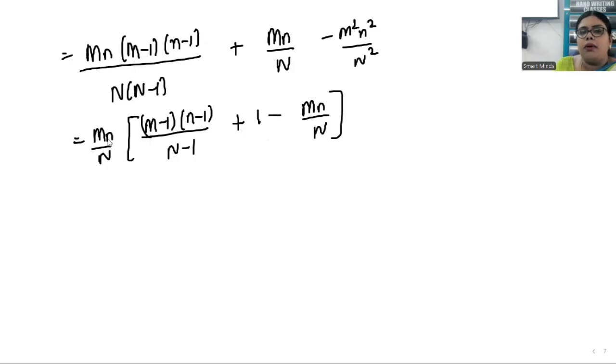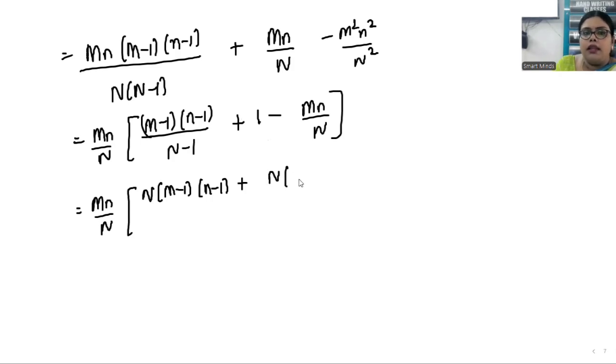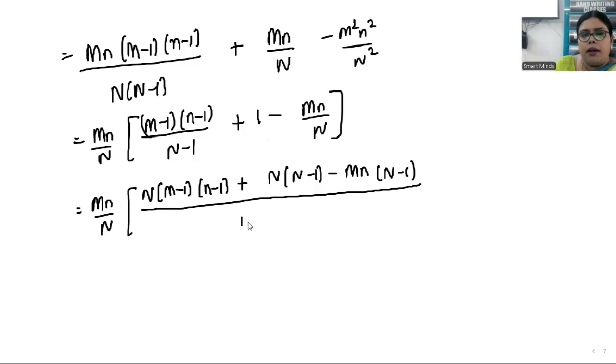Because we took mn by N common. So that is equal to mn by N into, now you take the LCM, you will get N into m minus 1 into n minus 1 plus N into N minus 1 minus mn into N minus 1, whole divided by N into N minus 1.